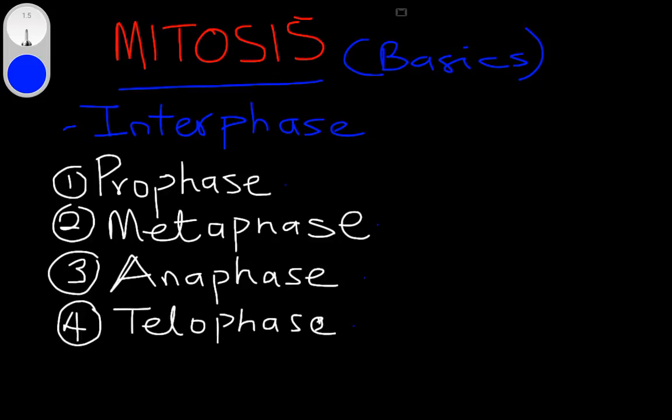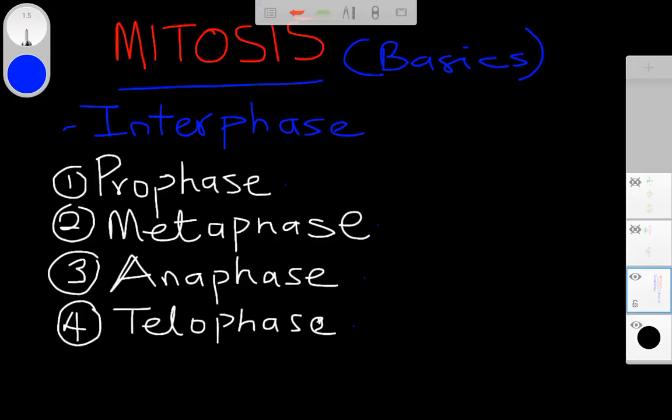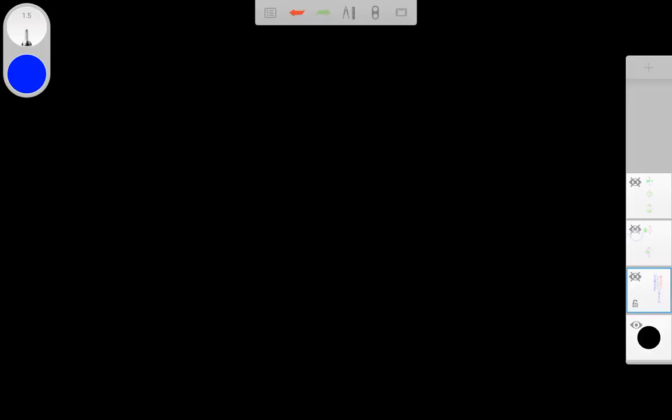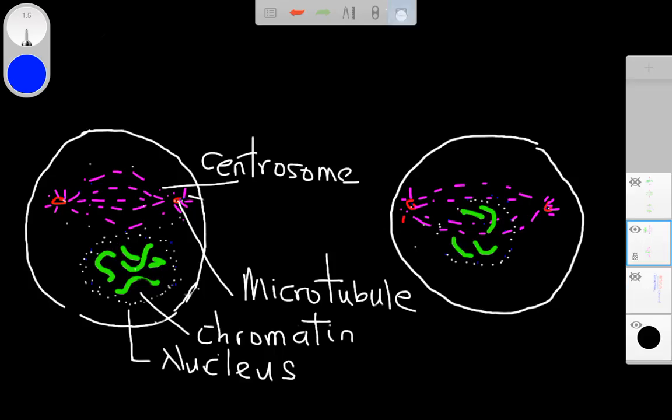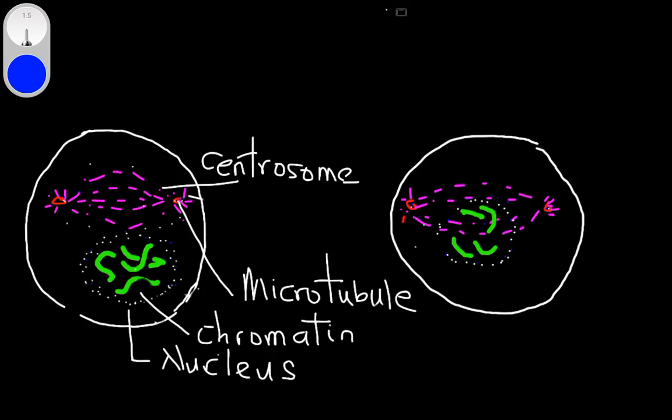So let's not waste time, let's quickly look at each of these stages of mitosis. Here on the screen is a cell. It's not as complex as a real cell, but this illustrates what we need to learn. These purple lines here represent the centrosome.